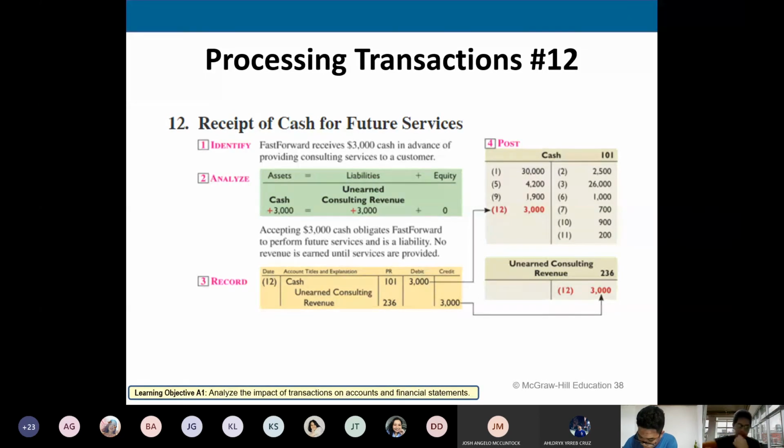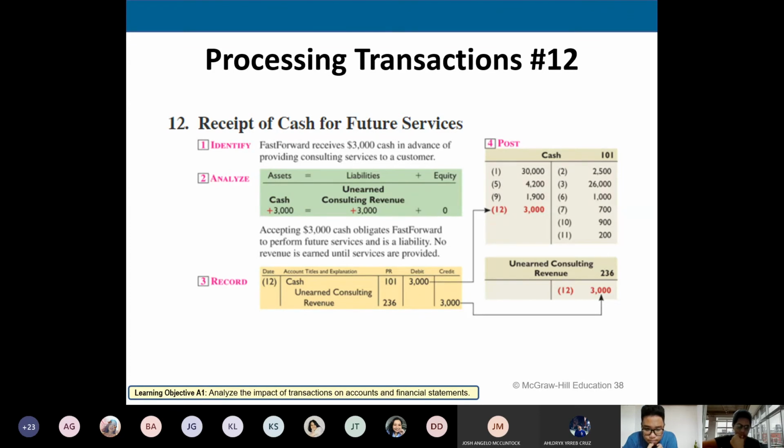What if naman, sir, naka-receive na ako in cash pero hindi ko pa na-deliver, yung service required of me? Do I still need to provide an entry for that receipt of cash? Yes, no? Pag hindi mo pa nare-render or na-deliver what is required of you, debit cash, credit unearned consulting revenue.